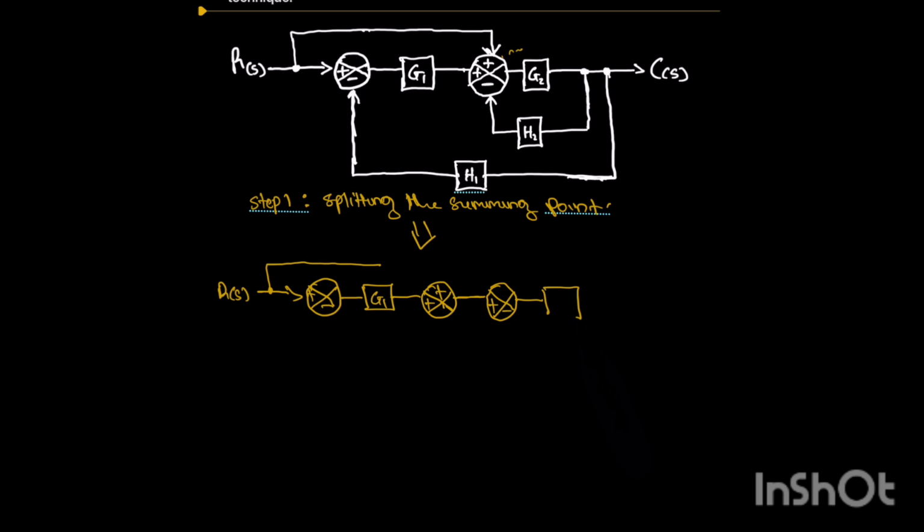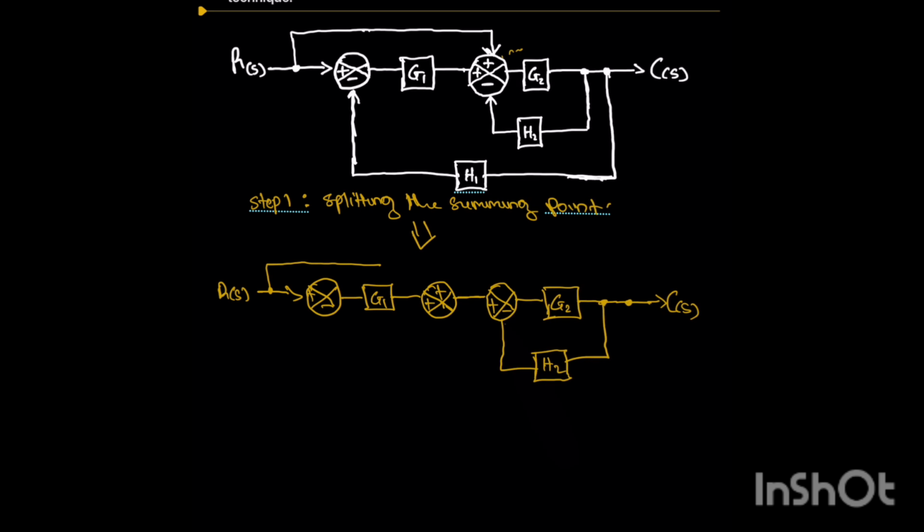So these are what? This is our G2. So this is our C of x. And down here we have H2. We have H2.